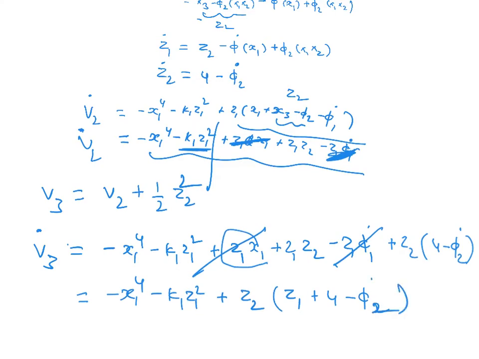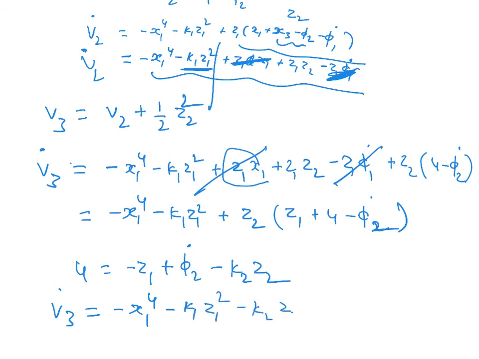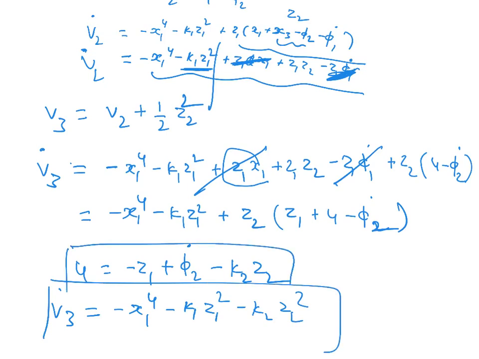Right? Now what will be u? u will be minus z1 plus phi2 dot minus k2 z2, and that makes your v3 dot to be minus x1^4 minus k1 z1 squared minus k2 z2 squared. That is, ladies and gentlemen, your u.